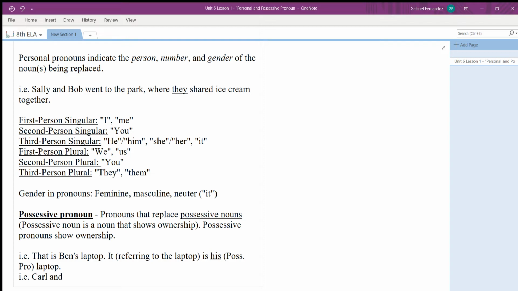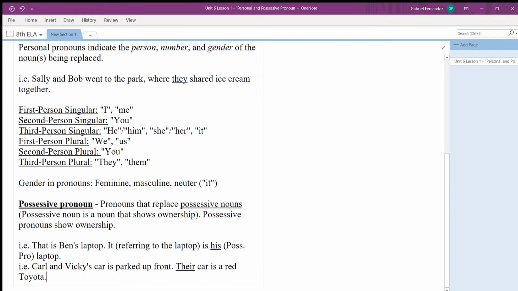Carl and, I can't think of a name right now. Wow. Vicky's car is parked up front. Their car is a red Toyota.